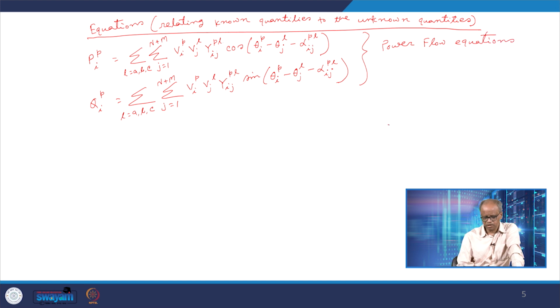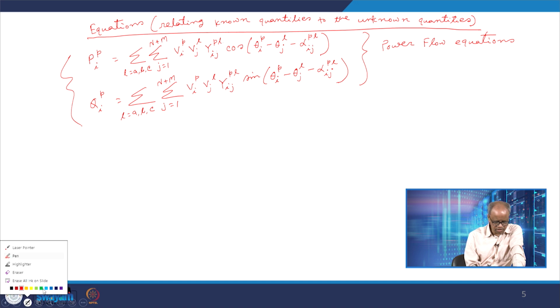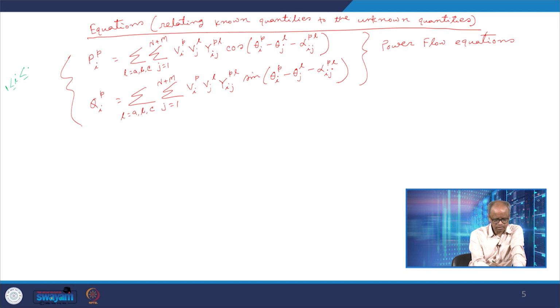So for this case, I is essentially 1 to n and P is A, B, C, right.